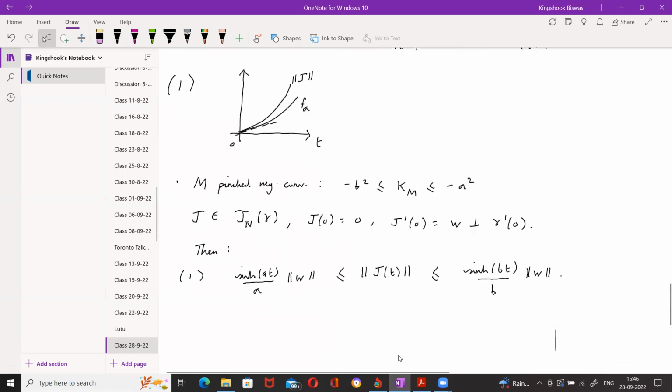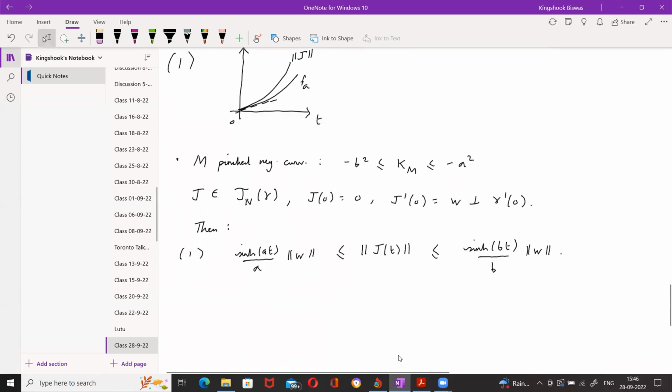And two, if I look at d/dt of half norm J squared, right? So this is equal to inner product of J prime with J, right? So that's what I've got estimates on.